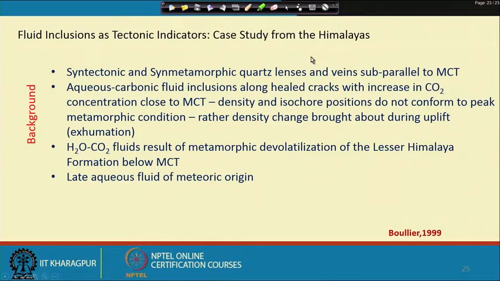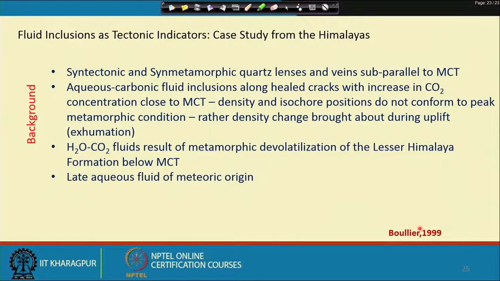It would always be interesting to cite some of the case studies which have been done on the Himalayas, and one such description, though not very rigorously analyzed, of fluid inclusion planes and correlating it with regional tectonics can be cited from the work of Boulier 1999.